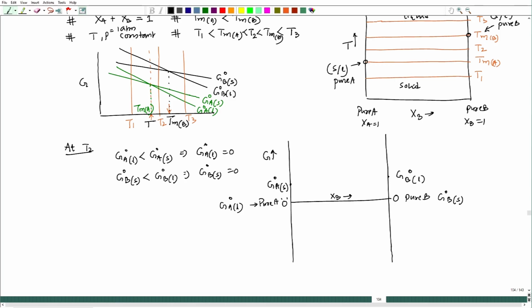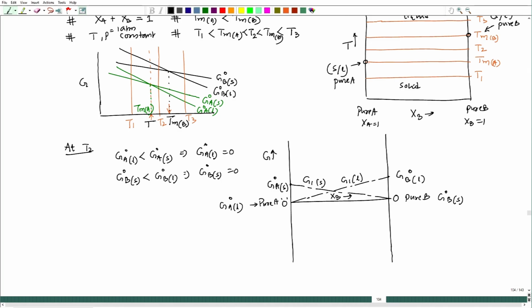So, this would be my G1 for liquid, and another one was this, G1 of solid.